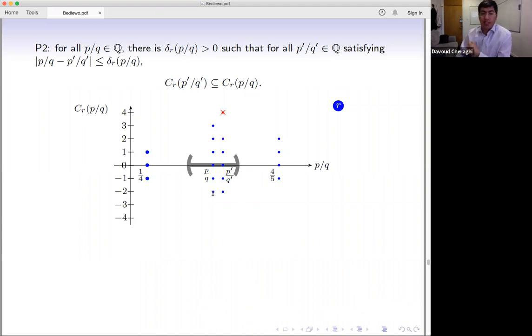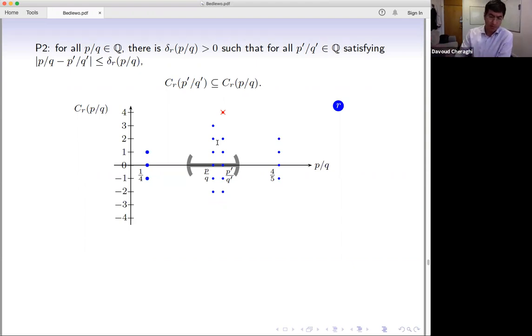And the statement says that, for any P over Q, there exists a neighborhood, as in this picture, such that once P prime over Q prime is in that neighborhood, for any rational number in that neighborhood, the candidates will be contained in the set of candidates for P over Q. That means the red is not allowed. So it's a kind of, I don't know, you call this upper semi-continuity or something.